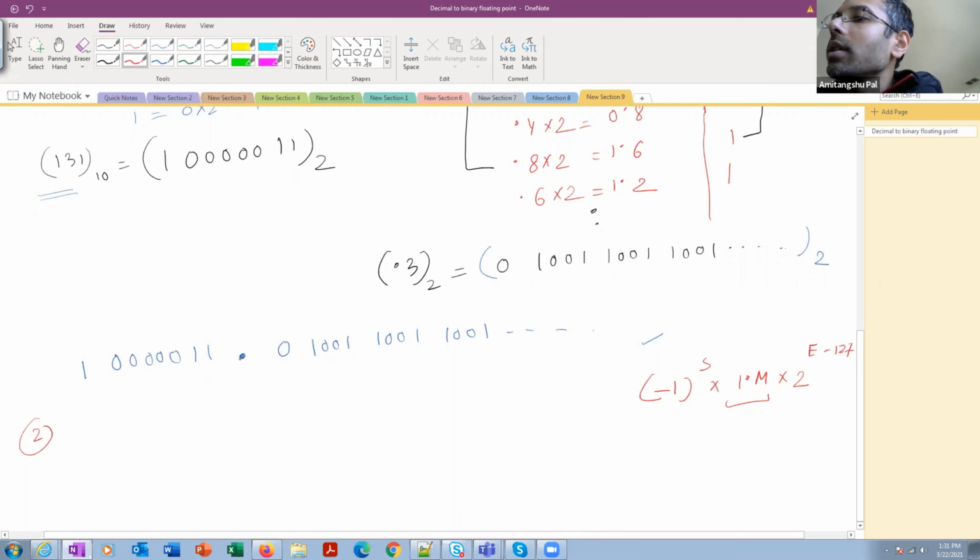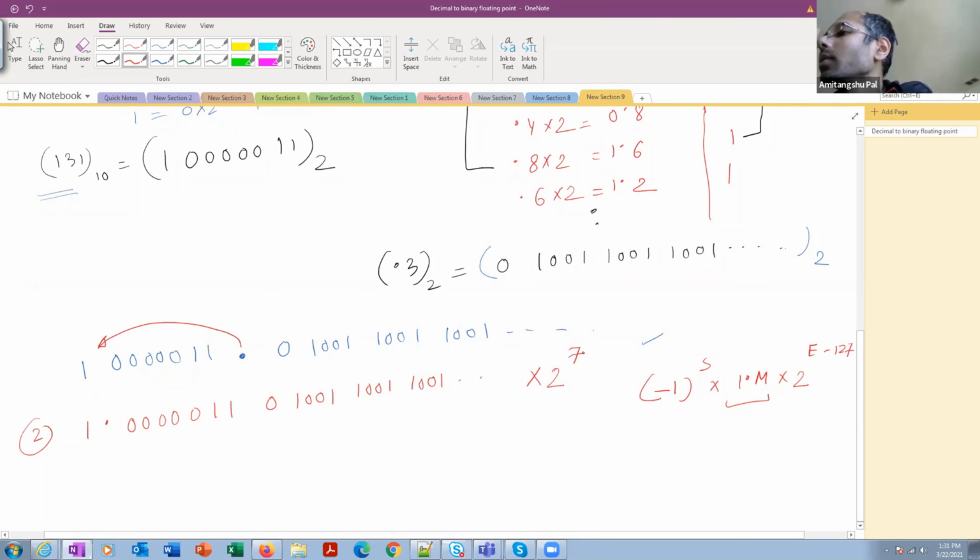That means if I bring this from here to here, I multiply this number by 2 to the power 7. 1, 2, 3, 4, 5, 6, 7. So this is equal to 1.0000011 and then 0, 1001, 1001, 1001 multiplied by 2 to the power 7.